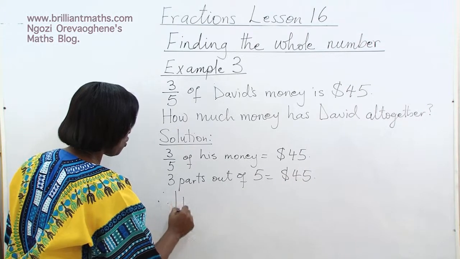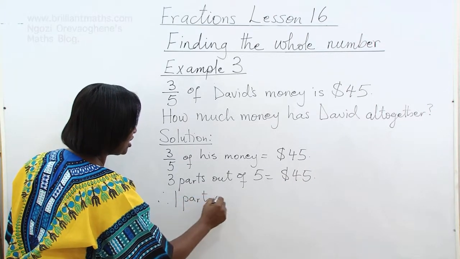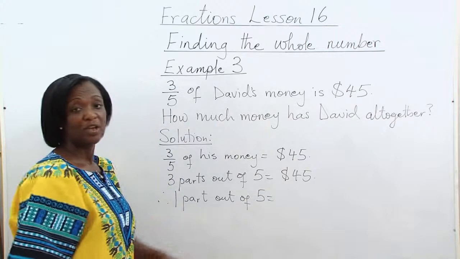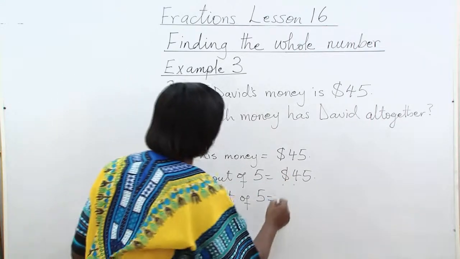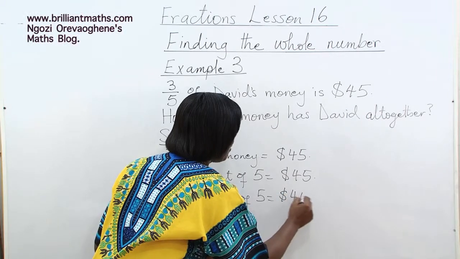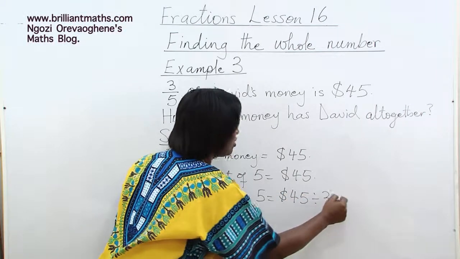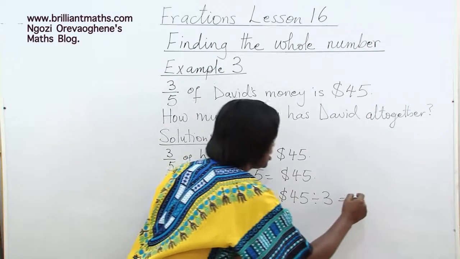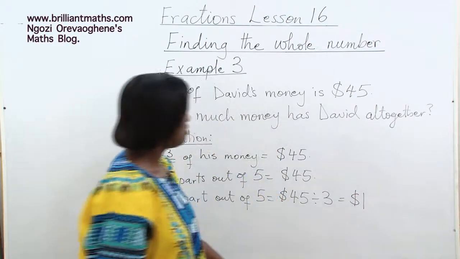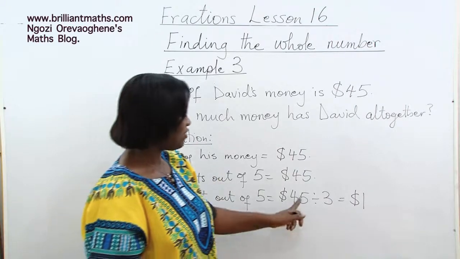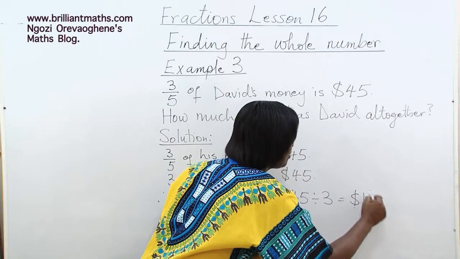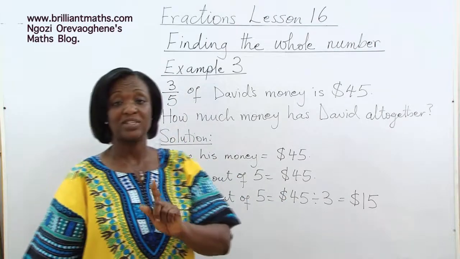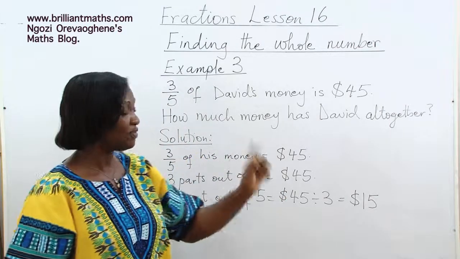Therefore, 1 part out of 5 will be 45 divided by 3. $45 divided by 3. 3 in 4 is 1. Remember 1. And 3 in 15 is 5. We know that 3 times 15 is 45. That means that 1 part out of 5 is $15.